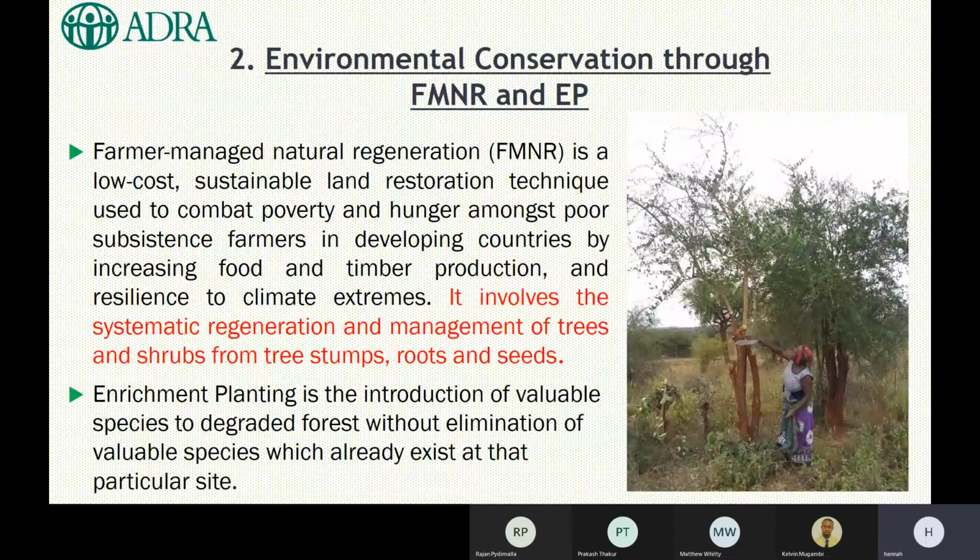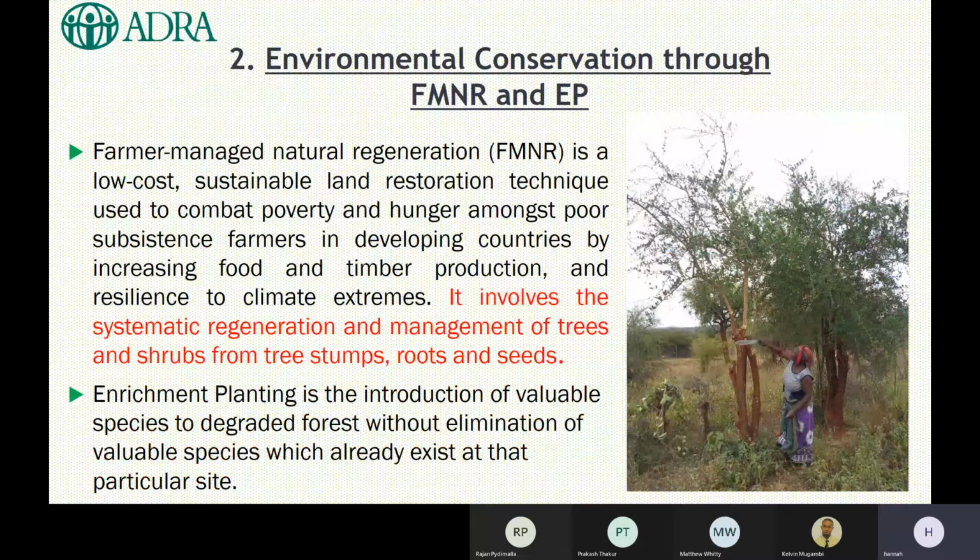Then the other component is about environmental conservation through the farmer-managed natural regeneration concept. It is a low-cost, sustainable land restoration technique, and normally it is used to combat poverty and hunger amongst the subsistence farmers in developing countries.